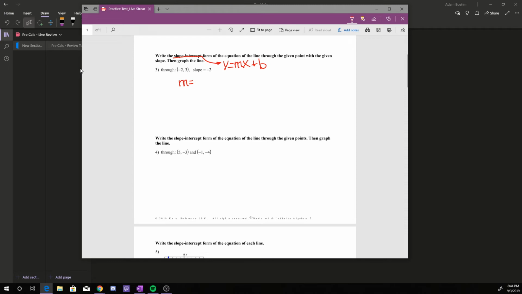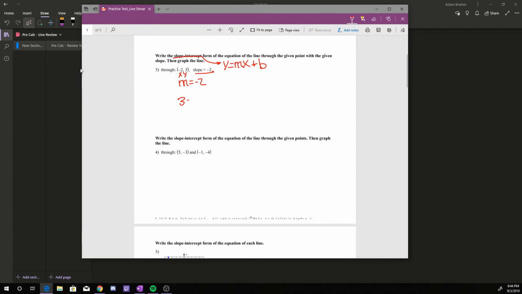I'm going to quickly go over 3 and 4 because we haven't actually touched it at all. And number 3, you're given the slope, so you're given m, and you're given a point x, y. And it's asking for the slope-intercept form of the equation. So you just plug all that stuff in.